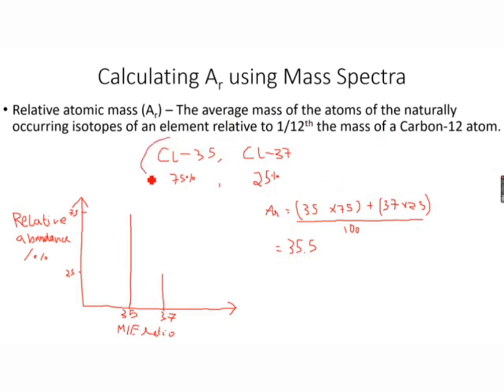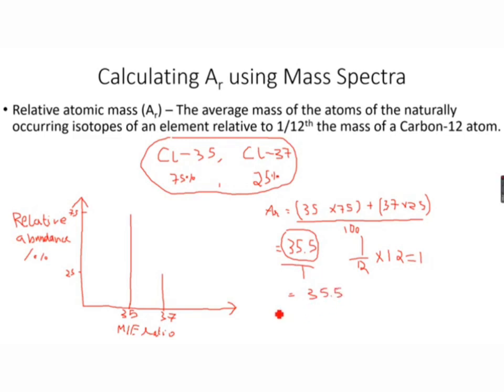We have the naturally occurring isotopes of chlorine and their relative abundances. We have their average mass, which is 35.5, and this is relative to 1/12th the mass of a carbon 12 atom, which is 1. So 35.5 over 1 is the same as 35.5.